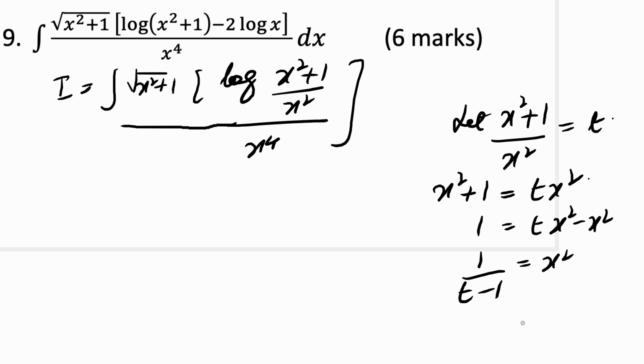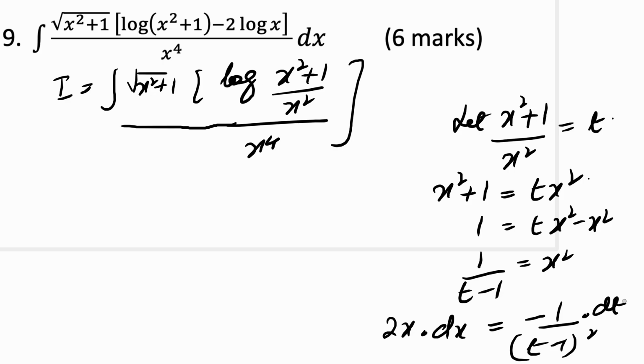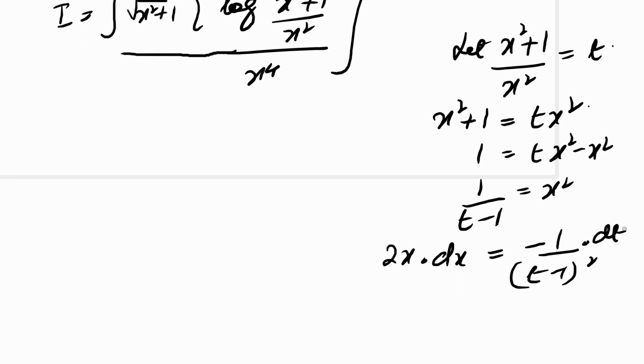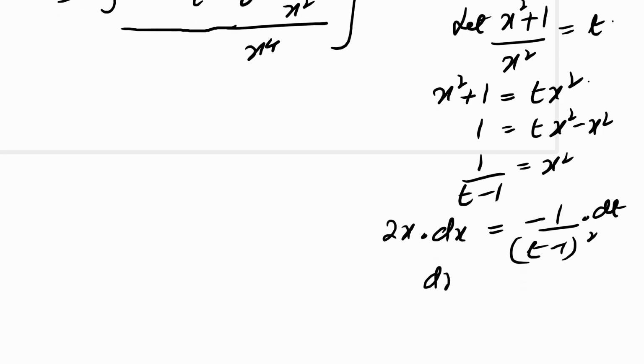Now if I differentiate this, what will I get? 2x dx is equal to minus 1 upon t minus 1 whole square dt. Okay, so this is what I will get. Now what can I do? I can take this as dx is equal to minus 1 upon 2x, and I can write this down as t minus 1 whole square dt.